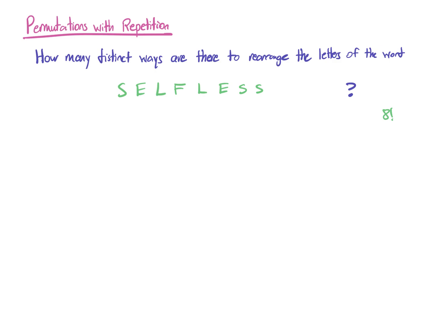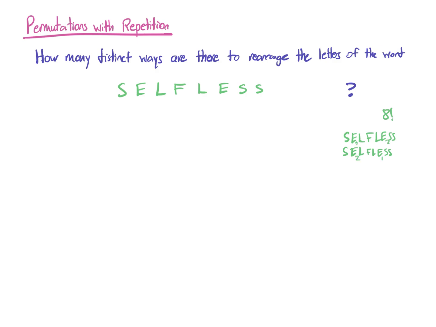To see why, let's just start with the word selfless itself. I'm going to write it down twice, but I'm going to swap the 2 E's. So here I'm going to label them E1 and E2, and I just relabeled them, so I swapped them around.